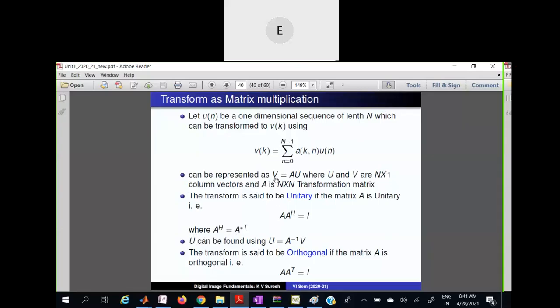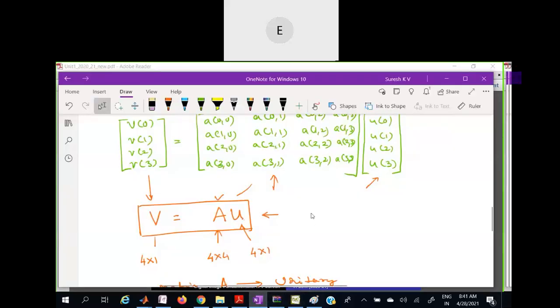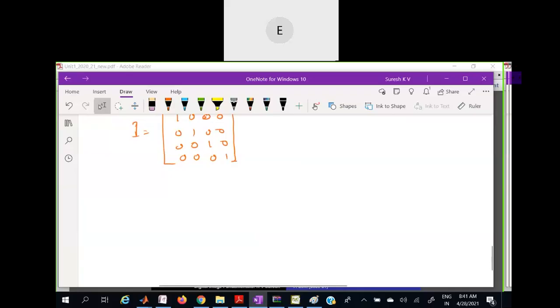Let me just go back now. I have done a forward transformation, V is equal to AU. We have already done this. This is forward transformation. That means I have taken the signal from time domain to frequency domain. All of you know that an inverse should also be there. Inverse should exist. So what do mathematicians say?